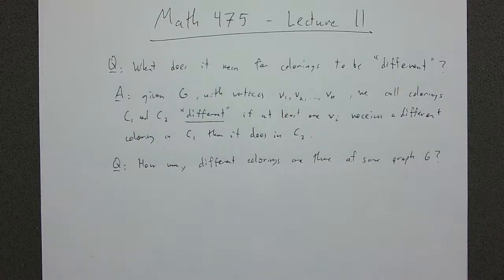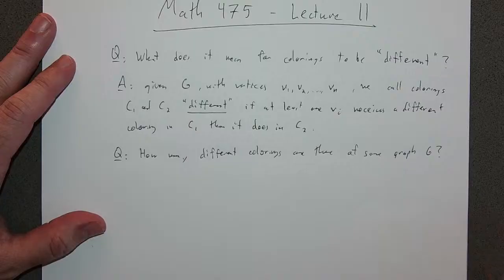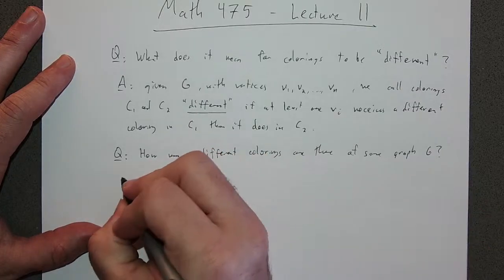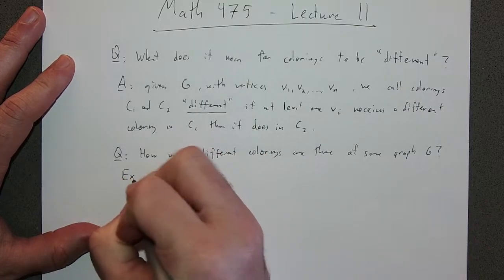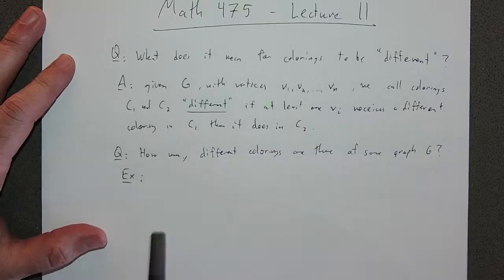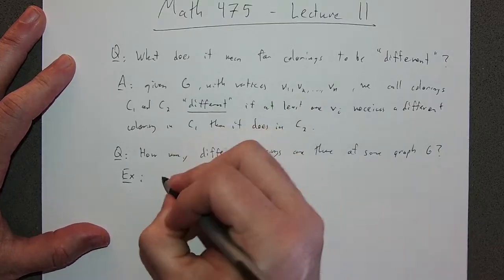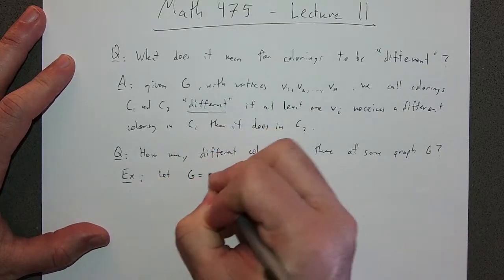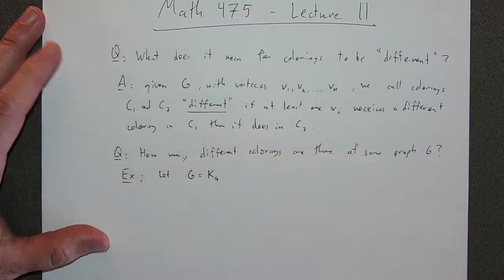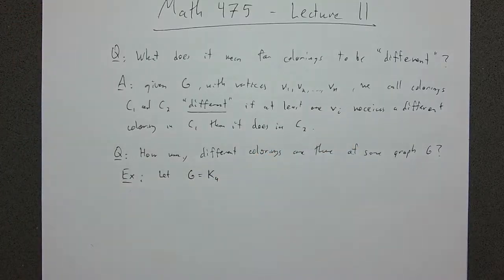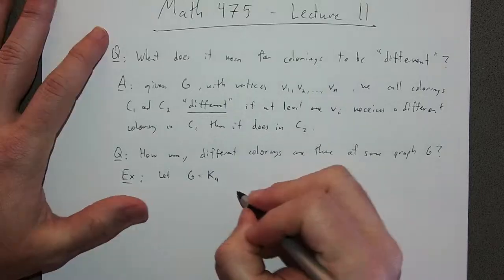Well, I should say, I'm going to have to say some things if I hope to do that. Maybe it's best to investigate some specific graphs first. Here, let's do a quick example. Let's say that G is K4. So let G be the complete graph on 4 vertices, and ask how many different colorings of K4 there are.